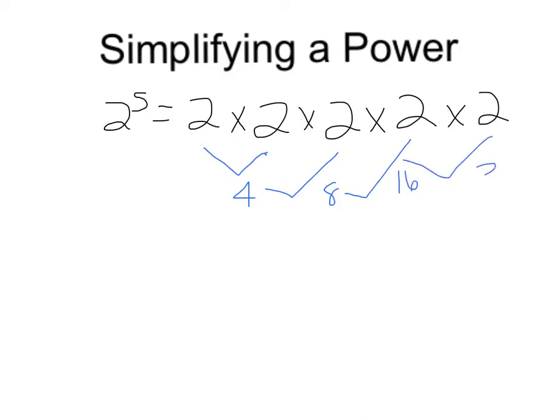And 16 times 2 is 32. So 2 to the 5th equals 32. Whatever number the exponent is, that's how many times you multiply the base by itself. It's not 2 times 5. It's 2 times itself 5 times.